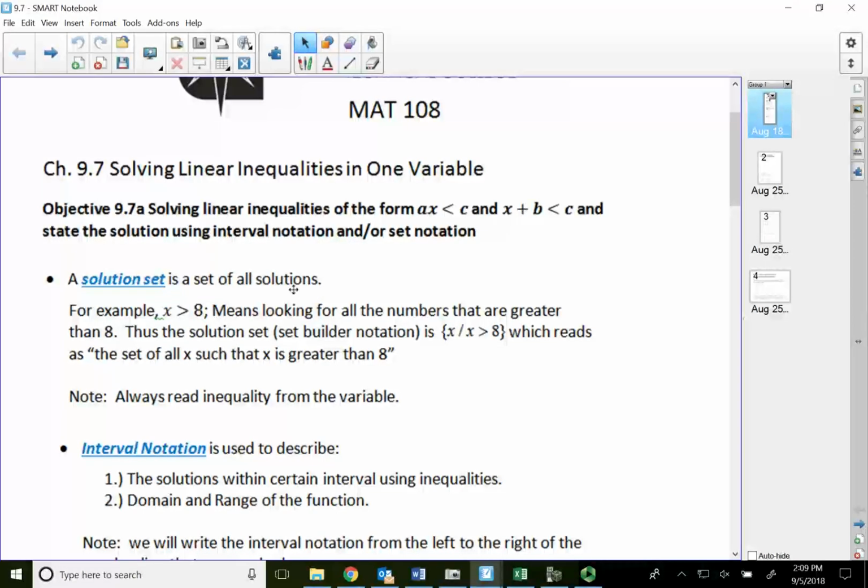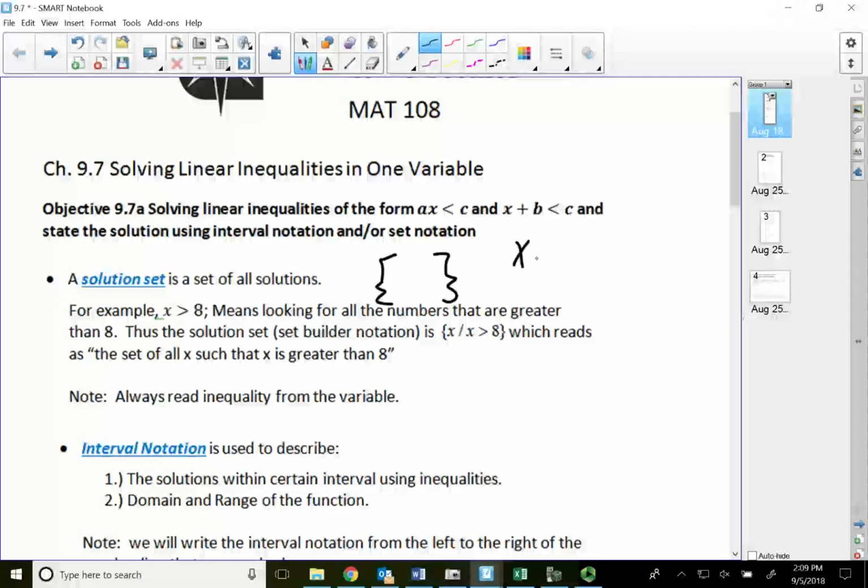Think of the word set as a big old basket, and we normally use braces to indicate the word set. So a solution set is basically a big old basket where I can put all my solutions in. For example, if I have x equal to 8, that means 8 is the only answer.